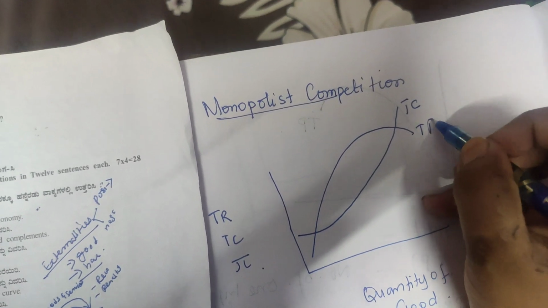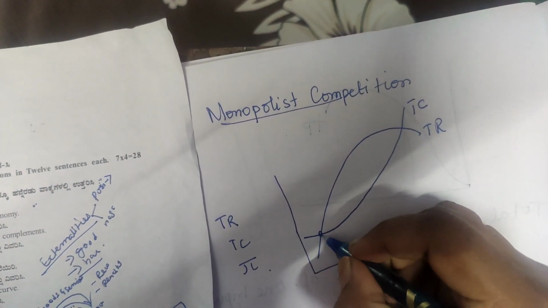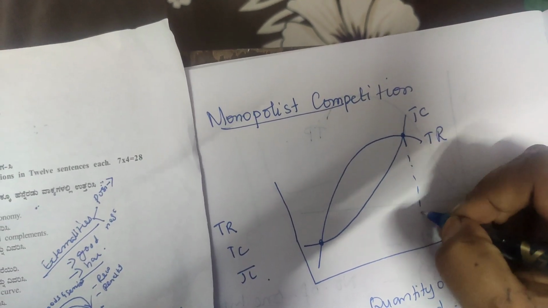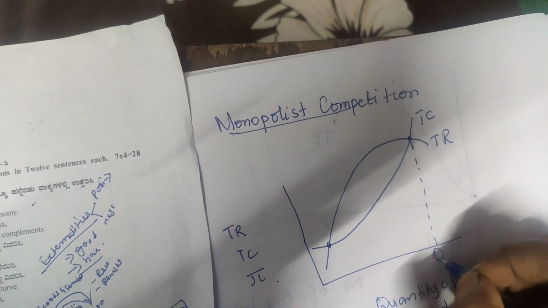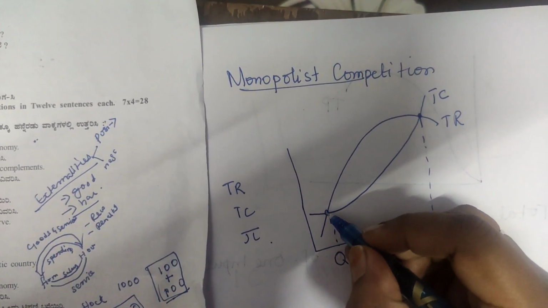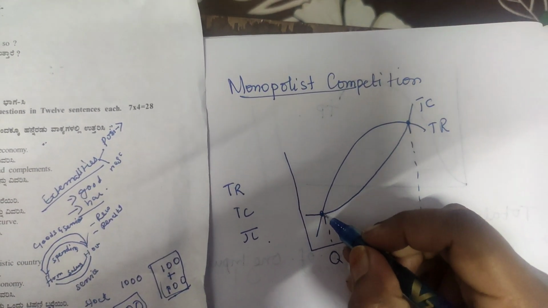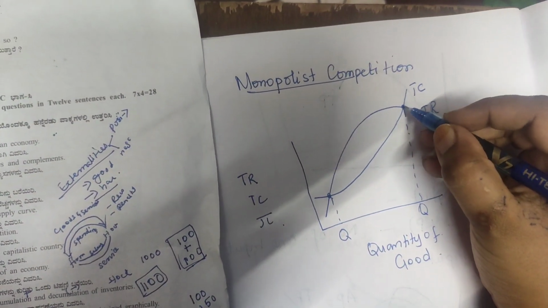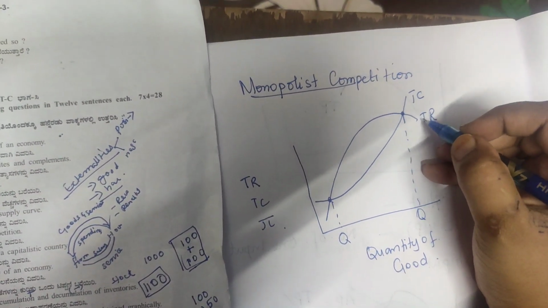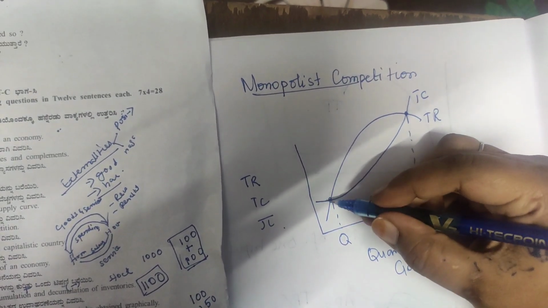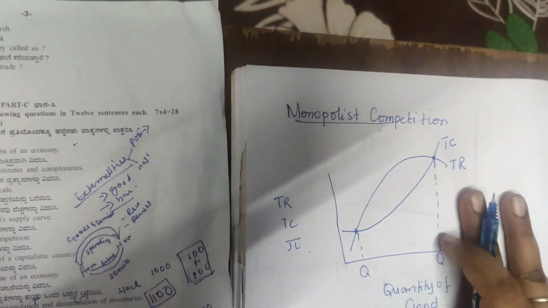Wherever TR is equal to TC, in this quantity we will not have any profit. Why? Because total cost is equal to total revenue. Here also we will not have any profit, because total cost is equal to total revenue. This is also the break-even point where there is no profit, no loss.